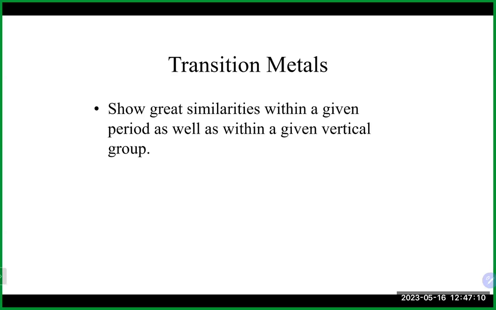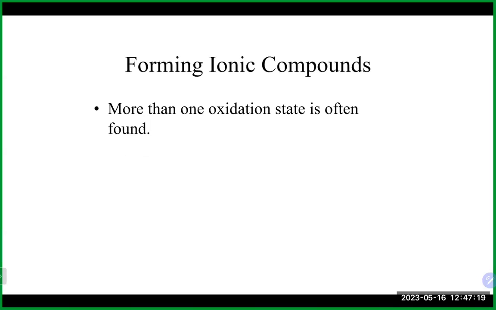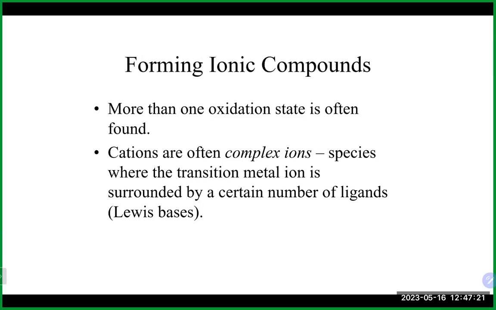So when we do look at transition metals, they do show a very great similarity between periods and groups on the periodic table. When they do form ions, more than one oxidation state can be found. That's also one of the ways that we think about transition metals and naming things that have transition metals, right?